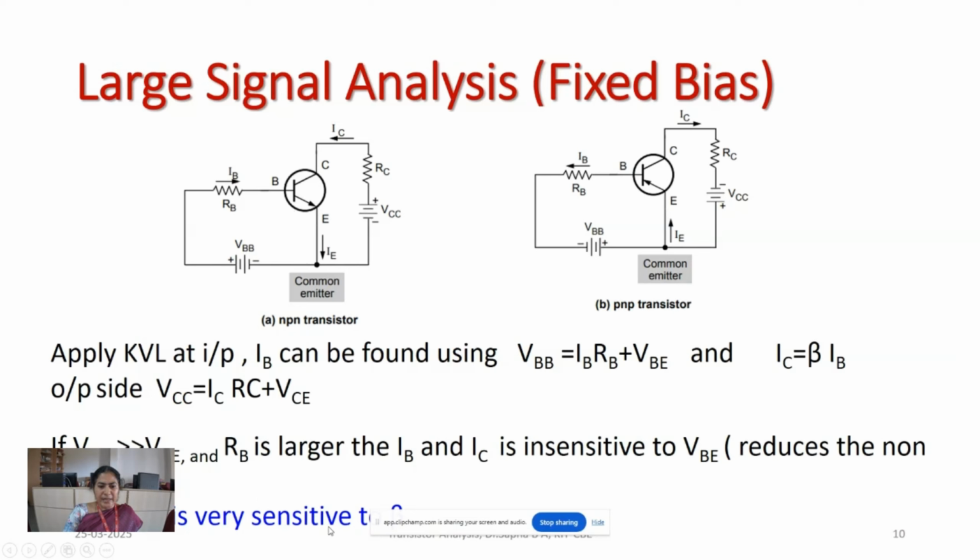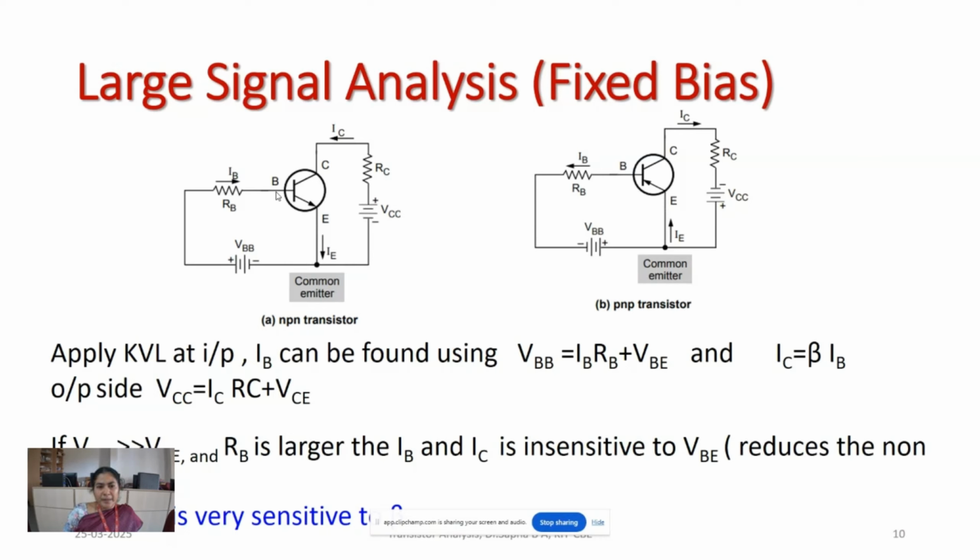Fixed bias is very sensitive to beta. So we can modify this biasing by giving different values to the resistors across the collector, as well as feedback from the collector to the base.